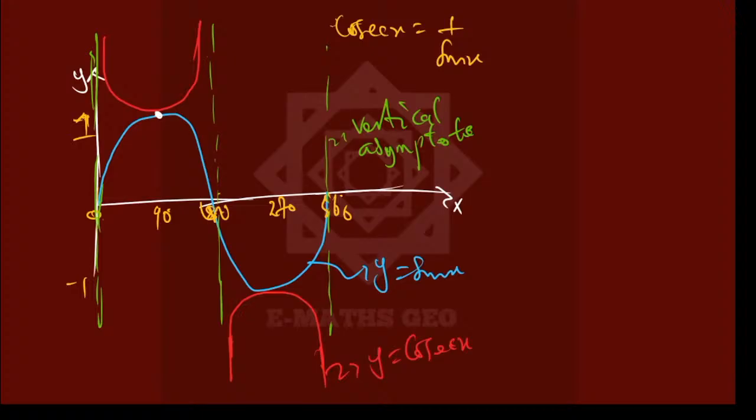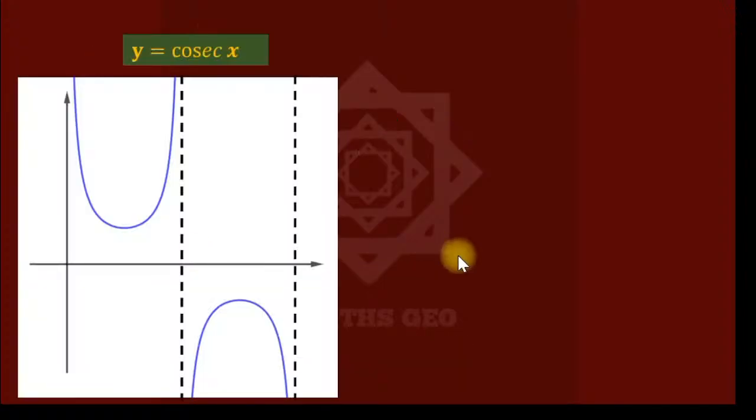So let's make it neat. You see, here is 0, this is 180, where it's not defined, and this is 360. Here is the maximum, that's the minimum here, this is 270, where sine is minus 1.